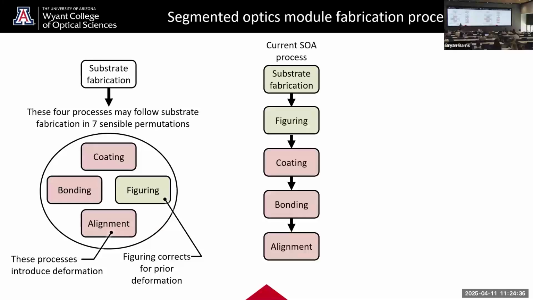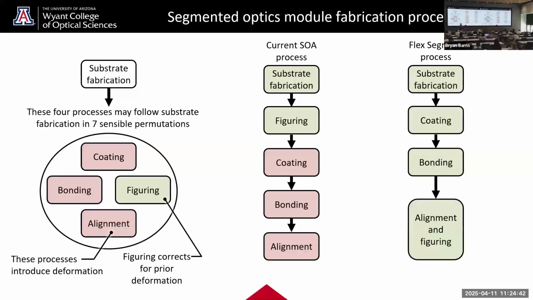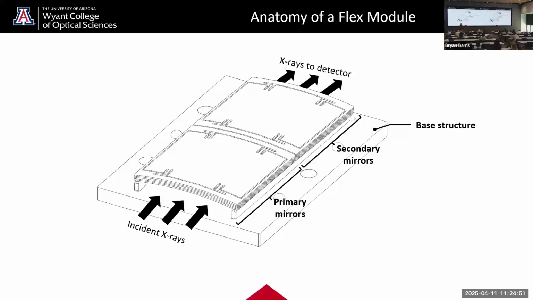The current state-of-the-art process is really to do that figuring at the beginning, make those really nice optics, and then don't screw it up. But what we want to do is do that figuring at the very end of this process so we can fix all of those errors and hopefully don't screw it up after launch. So this is what we call final step figuring. The way that we are working to do this is using a concept called a flex module.